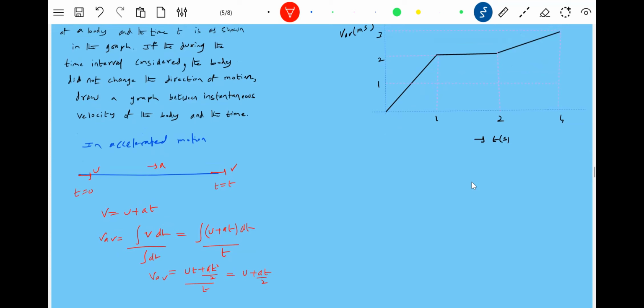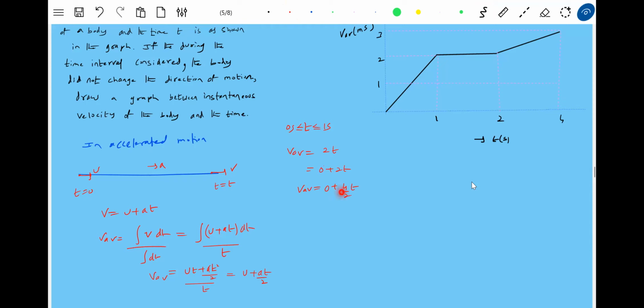So let's break up this problem for the time intervals. The average velocity as a function of time. What is the slope of this? If you compare this, in place of acceleration, what should be there? We have to compare here.